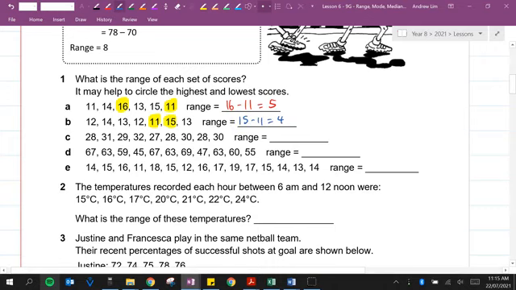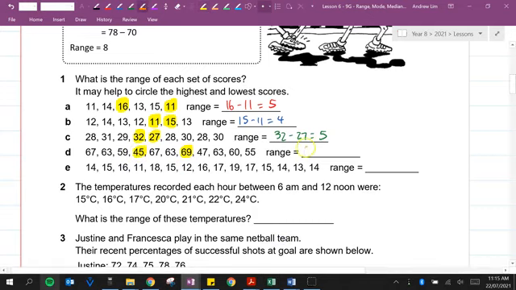Pause the video, have a go with questions C, D, and E. Okay, question C. Highest is 32. Lowest looks like it's 27. So the range is 32 minus 27, which is 5. D, we can see that the highest looks like it's 69 and the lowest is 45.